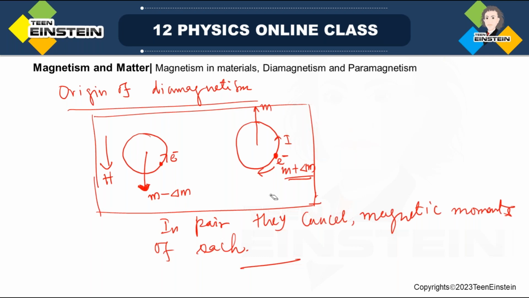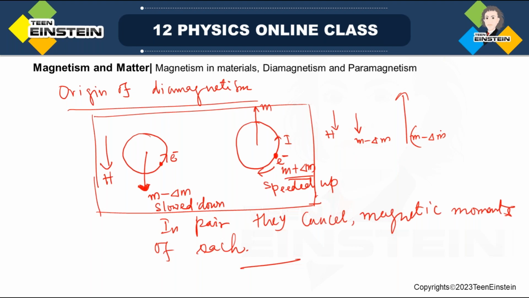Then the electrons producing magnetic moment in the direction of the applied field will get slowed down, and this one will be speeded up. Thus we'll get a lesser magnetic dipole moment along the field direction, and a greater one in the opposite direction.